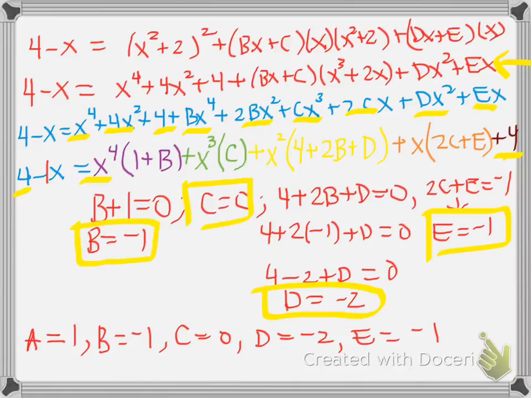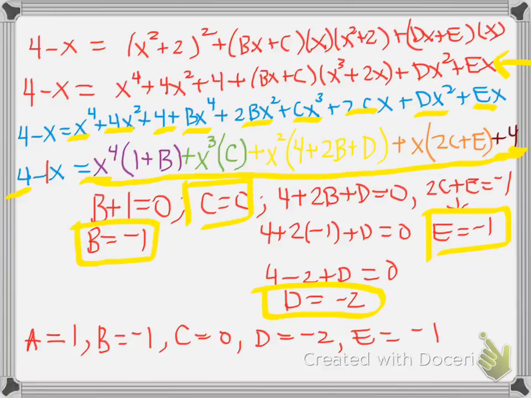When you balance off the equations, you get this line here, when you group them together. To balance the equations, notice the 2 constants, the 4s, we're good with that. Then we go piece by piece: 1 plus b is equal to 0 since there's no x to the fourth on the left-hand side.